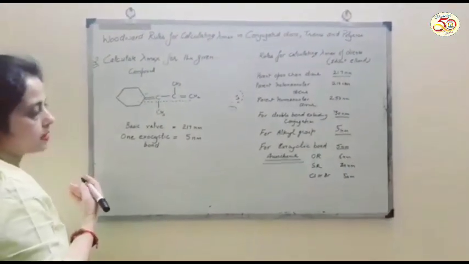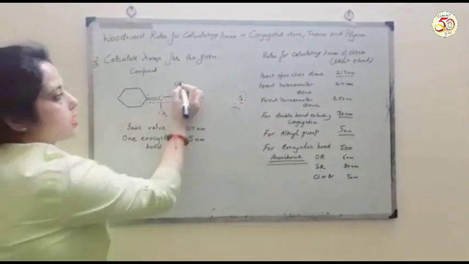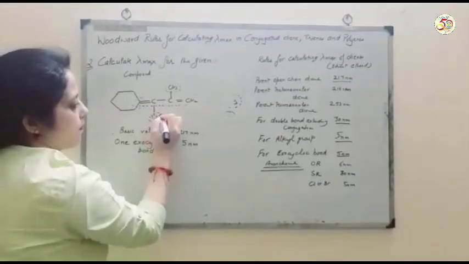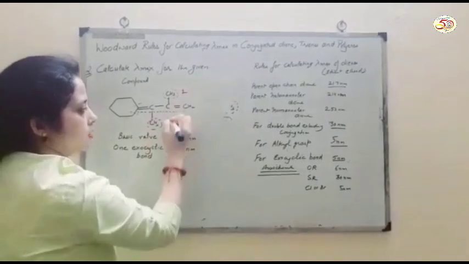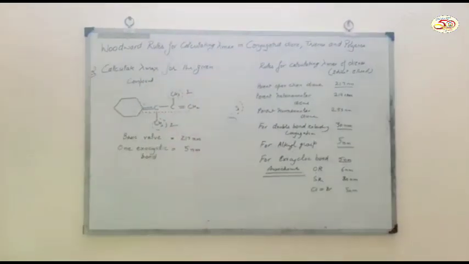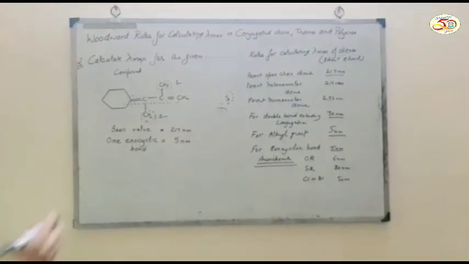Another thing present in the molecule is the alkyl substituents on 1 and 2. There are two alkyl substituents present.